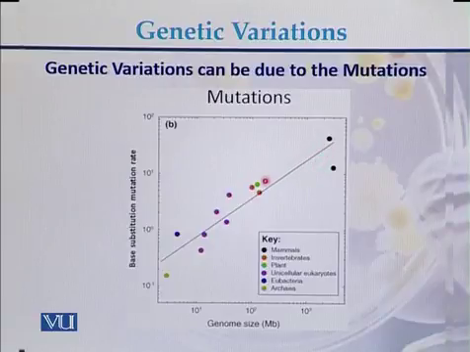Moving down, the mutation rate is lower in invertebrates and plants, then unicellular eukaryotes, then eubacteria and archaea. So mutation is responsible for the genetic variations found in different individuals of a species.